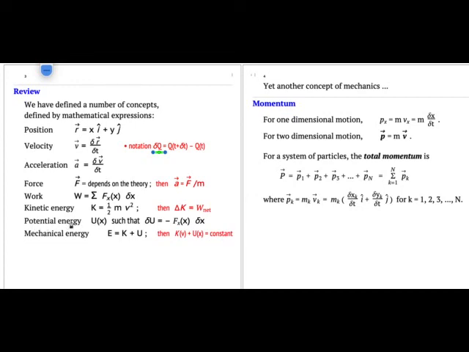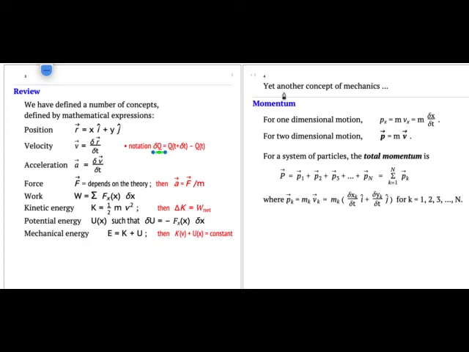It only exists for those forces that are called conservative forces. Basically, if a force only depends on the position of a particle, then there's a corresponding potential energy function. Well, that's a review of the first 4 weeks.